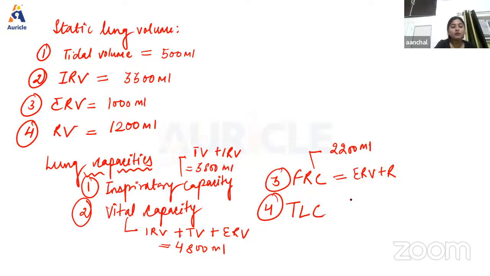TLC is the volume of air present in the lungs after a deep maximum inspiration. And for TLC, we have the formula IRV plus TV plus ERV plus RV. And it will be around 6000 ml or 6 liters. Okay, so this is all about lung volumes and capacities.